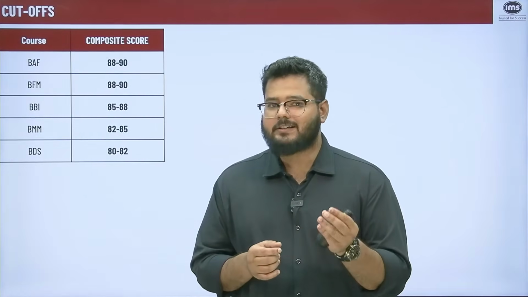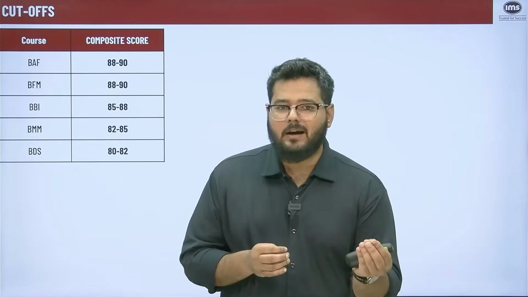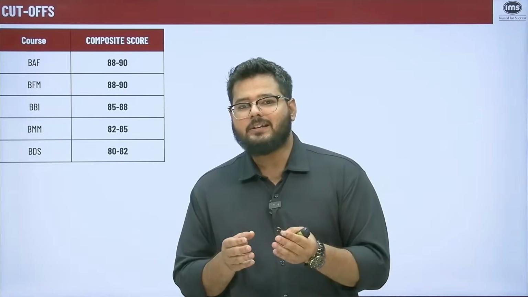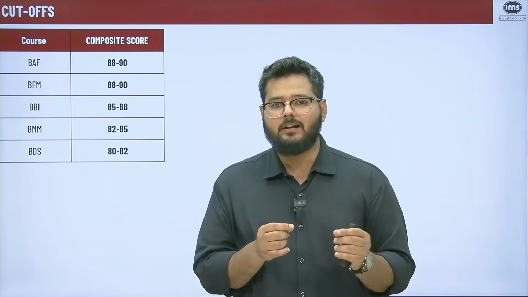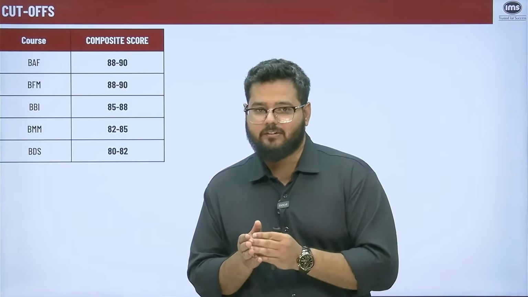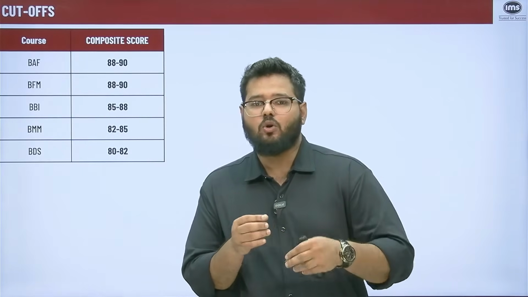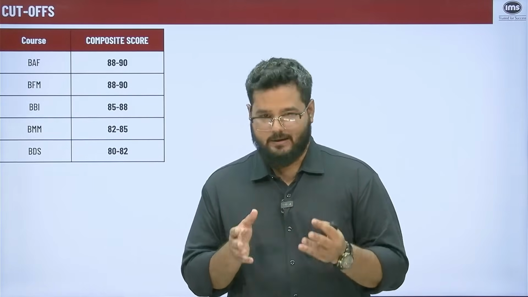A student, let's say for example, is getting 80% in boards and 90% over here. So ultimately the student is getting 170, so the ultimate score will come out to be 85.